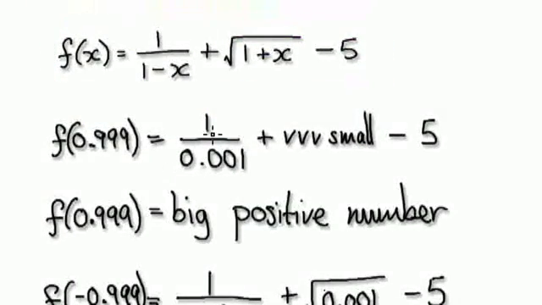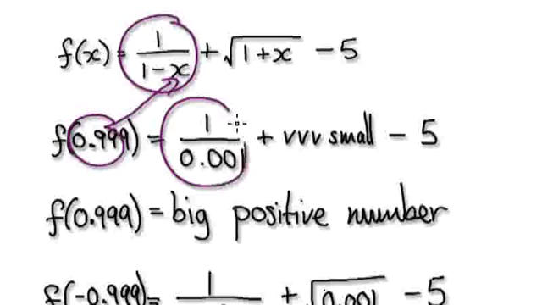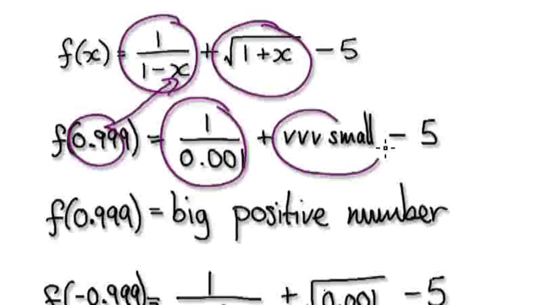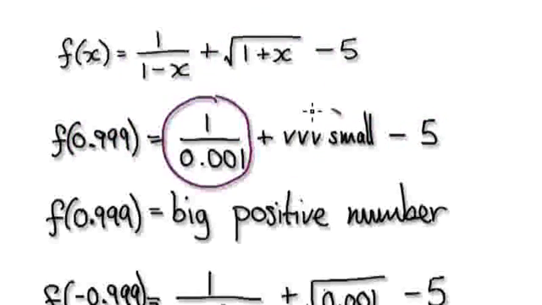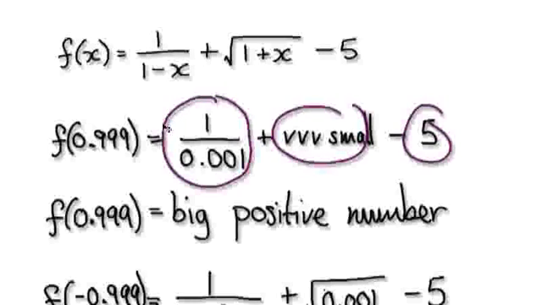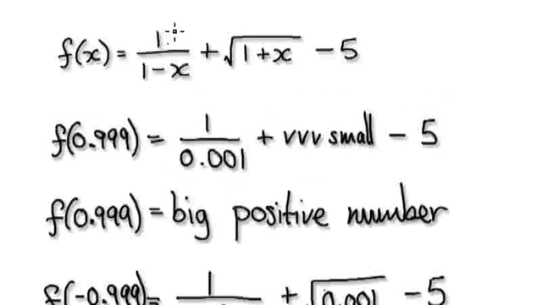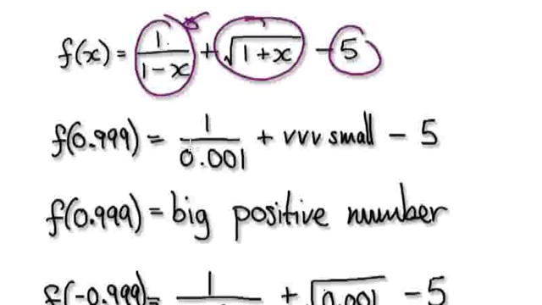So hang on. f of 0.999 would give us, if you put this into here, well, this thing here would be a very small number. Take away 5 here. This thing here would be massive in comparison to these two. When you put 0.999 here, this thing will be massive in comparison to this and this.